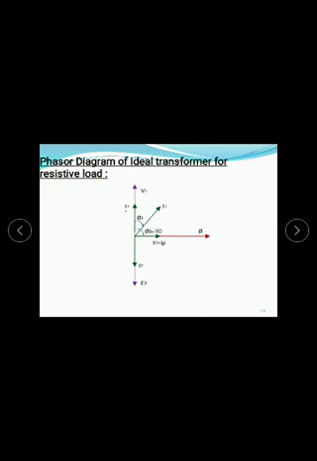For this resistive load, I2 and E2 are in phase. So now I1 is the addition of I2 dash and I0. So this is the phasor diagram for resistive load.